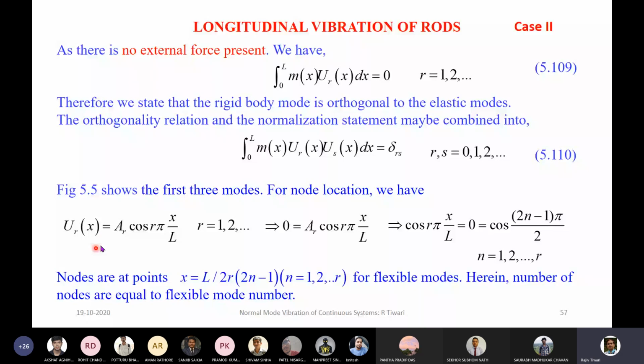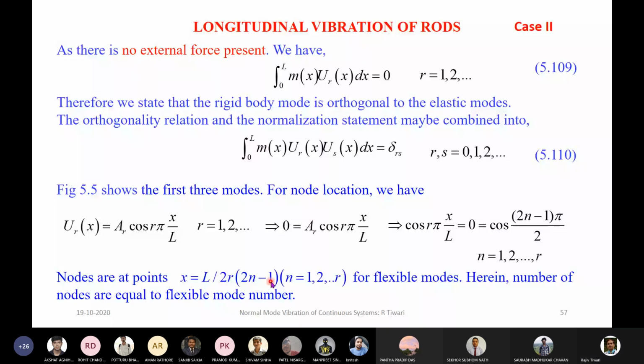So if we solve for x, we'll get this equal to 0. So the cosine function is 0 for all the odd values of pi by 2. If we equate this quantity equal to 0 and solve for x, we'll get the expression which will give us the node position in the flexible mode.